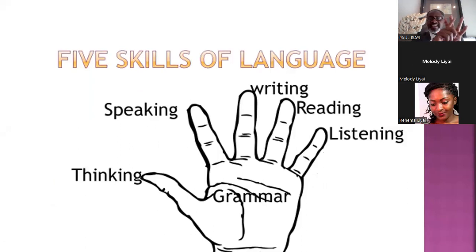Now, the next thing is reading. The primitive reading is looking at signs. You see a picture of an animal and you know that is an animal. You remember when you went to class 1 or kindergarten? You just had to look at cups, spoons, a table, a chair.